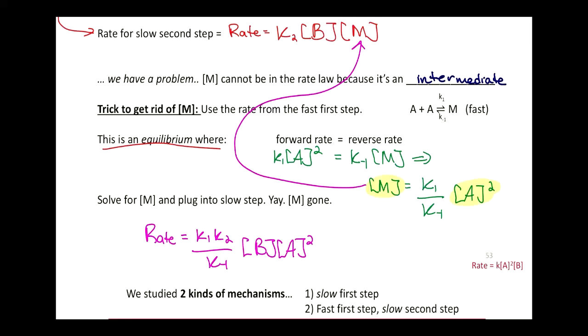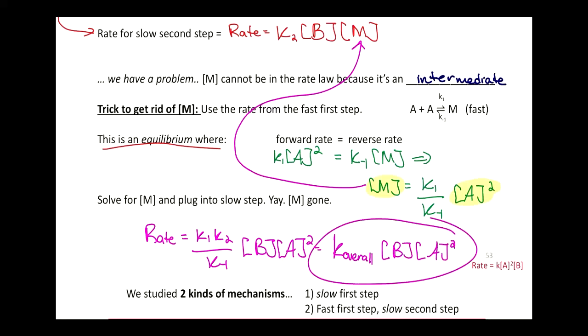All right. But here's the thing. I have a bunch of K's, rate constants for the individual steps here. You will never actually observe those individually. So an easier way is just to combine all the K's, and we can instead just say that this reaction has an overall K, but it is first order with respect to B and second order with respect to A. And that's really what's important here, right?